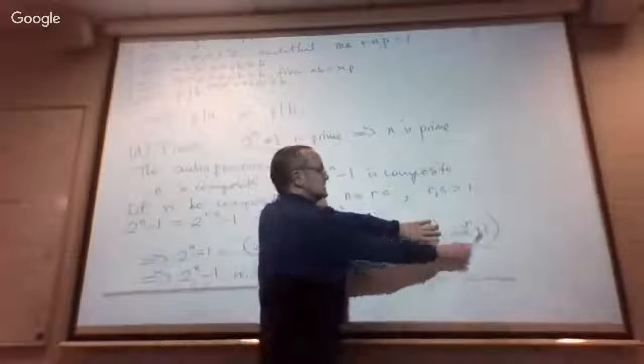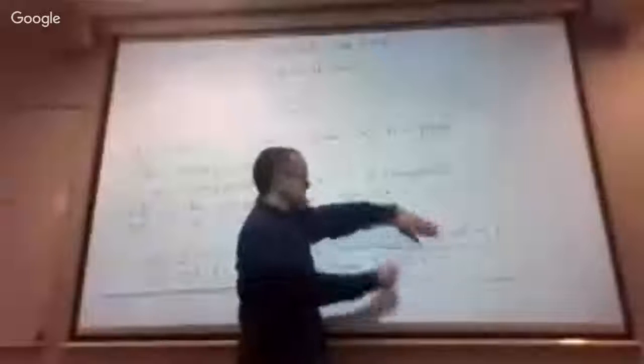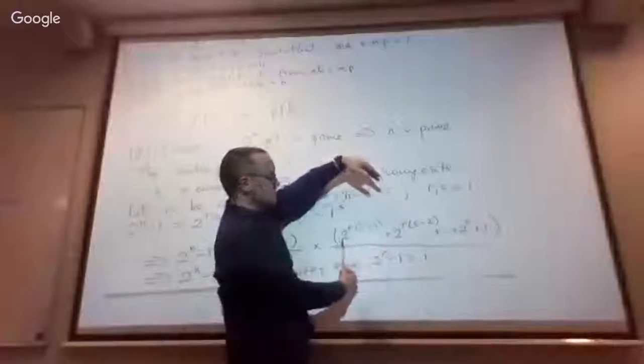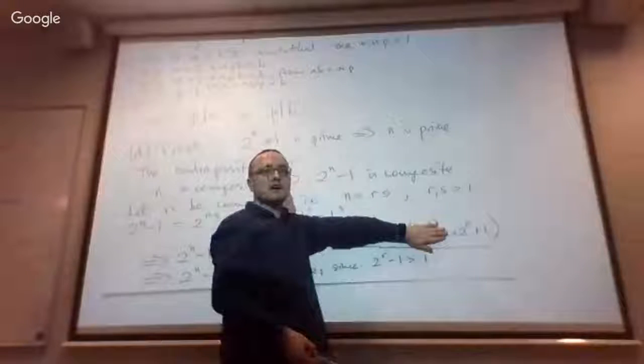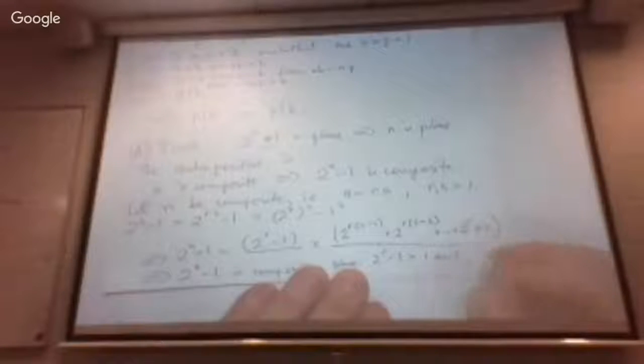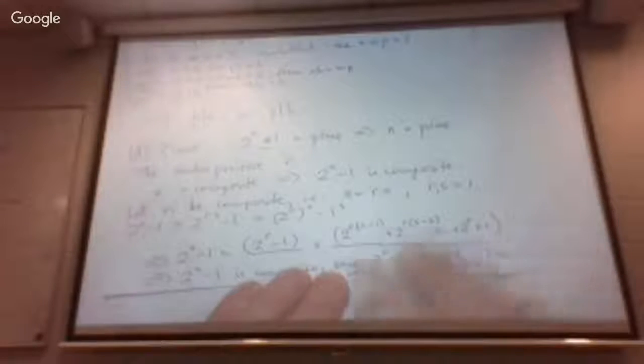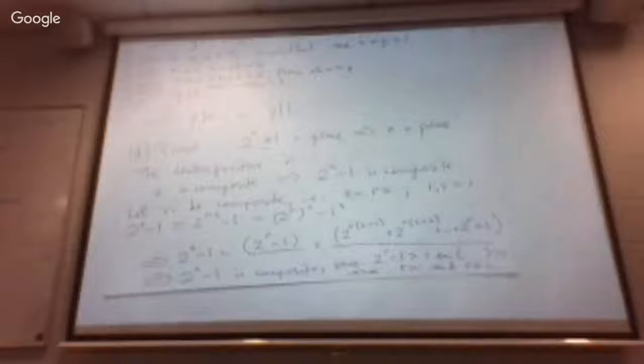So it might just consist of these two terms, if s is the smallest it can be, if s is just equal to 2. Because the first term is 2 to the r(s-1). So the first term would be 2 to the r. So the fact that both r and s are non-trivial means that these two factors are non-trivial. This other bracket is bigger than 1, since r is bigger than 1 and s is bigger than 1. So you've got this non-trivial factorization, so you can claim that 2 to the n minus 1 is composite.